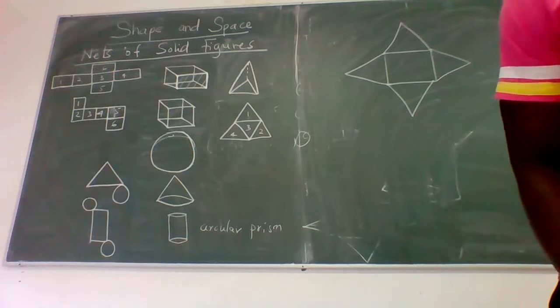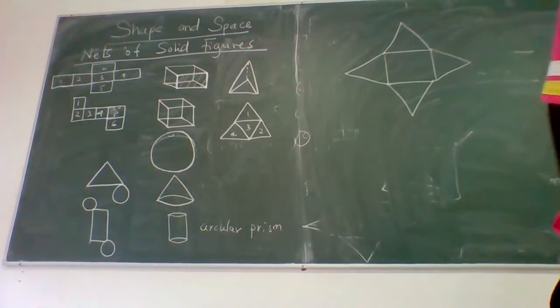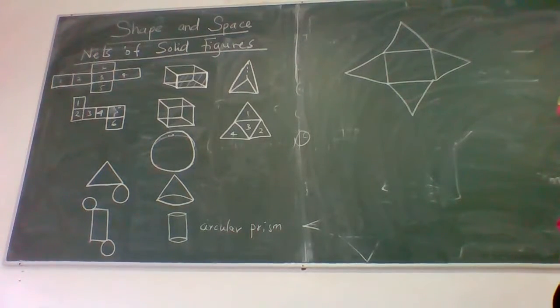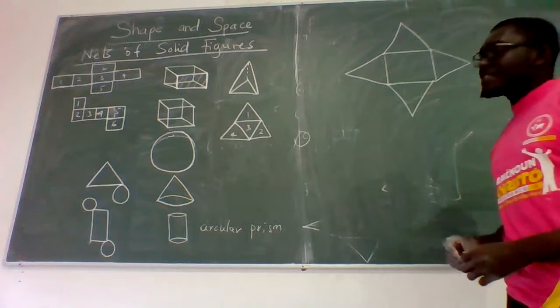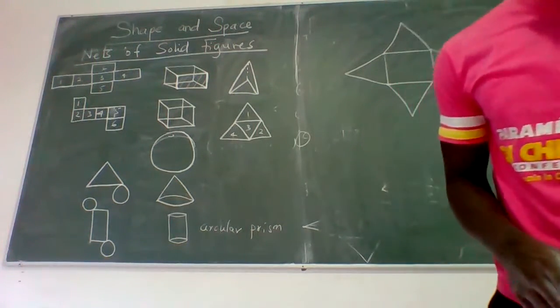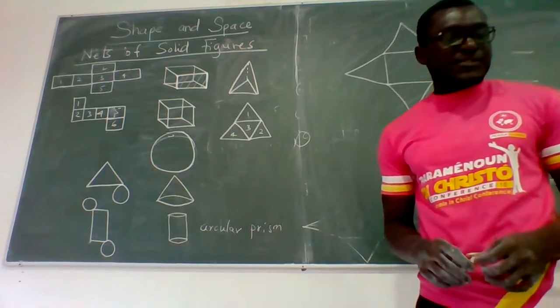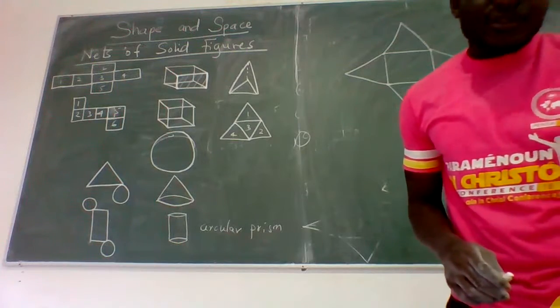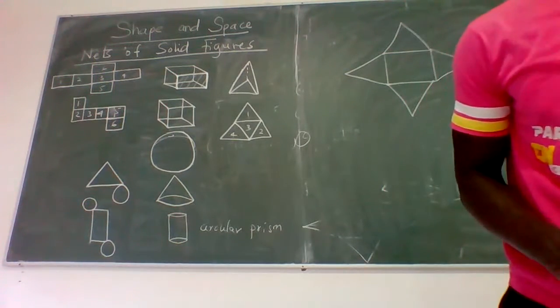Then 2010, question number 27, is asking how many lines of symmetry has a triangle? Sorry, not triangle, rectangle. How many lines of symmetry has a rectangle? So you go ahead and you put your answer there.